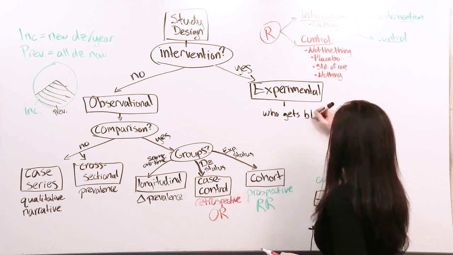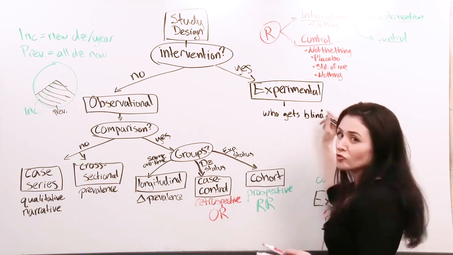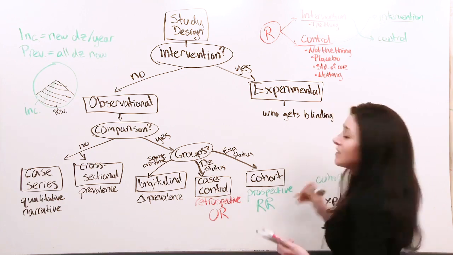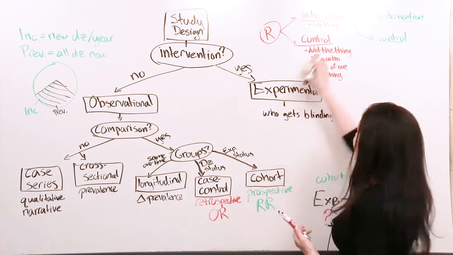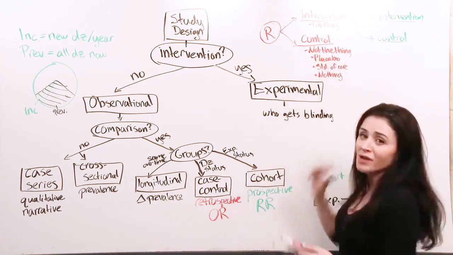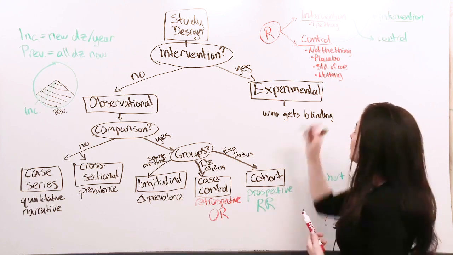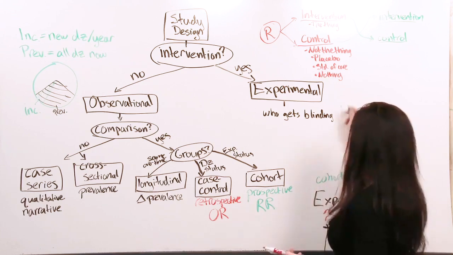And what blinding means is hiding the group assignment. And you can blind the patient so they don't know whether they are in the intervention or the control group, or you can also blind the researcher so they don't know which group the patient has been assigned to.